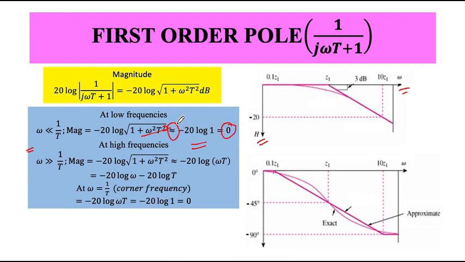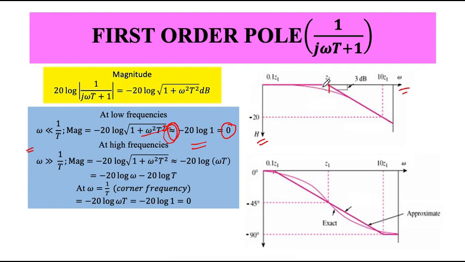So this is an approximate value of my magnitude when I'm working with low frequencies. So for low frequency this is 0 dB, and this pink color graph is for low frequency, till this point.